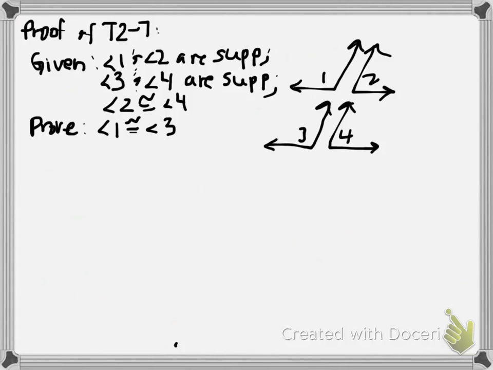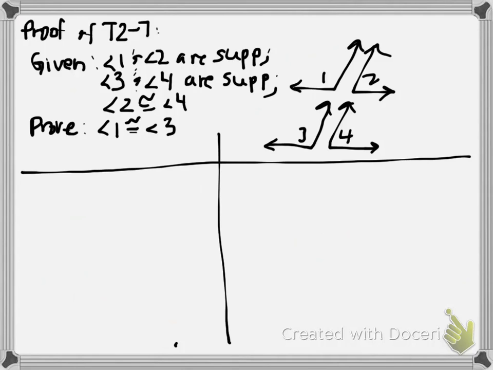Okay, so again, we can take the givens and put them all together so that they're there for me to use at any time, or I can split them up when they become important. I'm going to put them all together just because it's one less step. So here's my statements. These are my reasons. So I'm going to put all the givens together. So angle 1 and angle 2 are supplements.